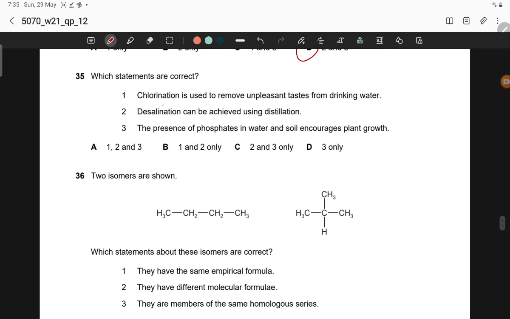Which statements are correct? Chlorination is used to remove unpleasant taste from drinking water. No. Carbon is used to remove unpleasant taste from drinking water. Incorrect. Desalination can be obtained using distillation.